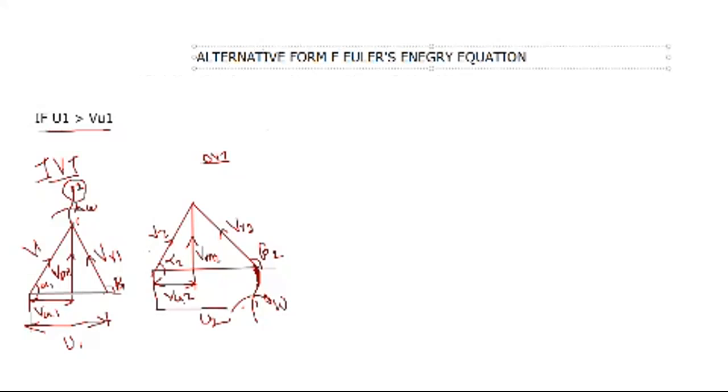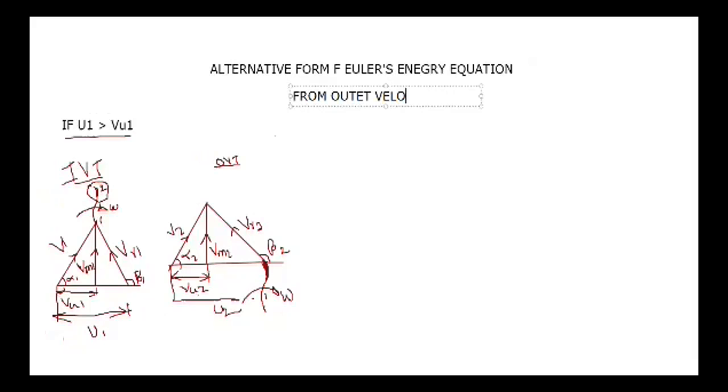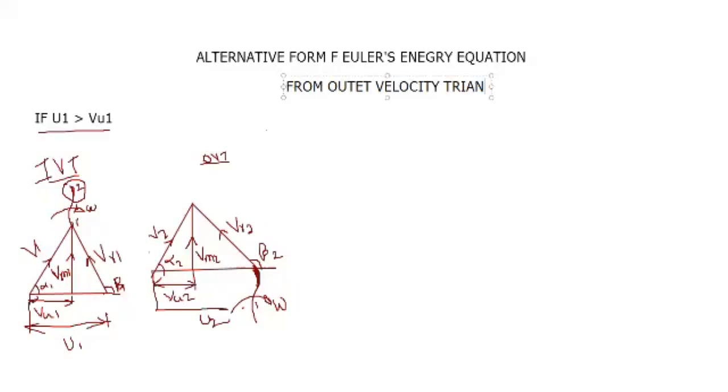Alternative form of Euler's energy equation. Now, from the outlet velocity triangle, look at this outlet velocity triangle.